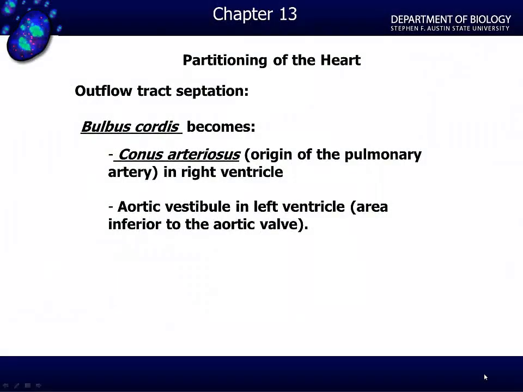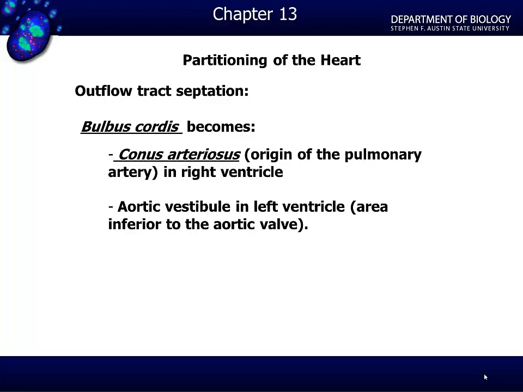As we partition off the outflow tract and we look at what are the adult derivatives of these tissues, we're going to see the bulbus cordis become something that's called the conus arteriosus. Now, this is in the right ventricle, and this is the origin or the orifice with which the blood enters the pulmonary artery. We're also going to see on the left side, the aortic vestibule is going to form from portions of the bulbus cordis.